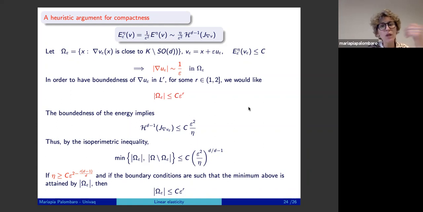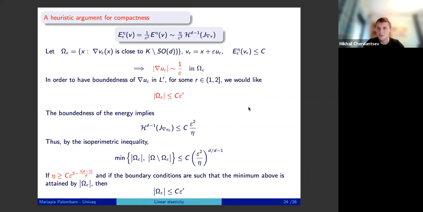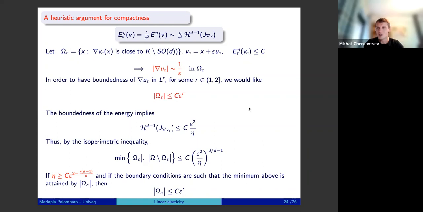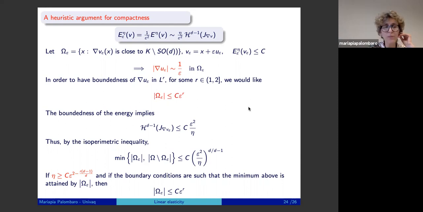Laminates are also covered by our analysis, and we provide examples of laminates where you can have gradients with positive determinant lying on wells. But essentially, introducing this penalization and choosing the right eta completely removes this possibility. The presence of this penalization prevents too many oscillations, too many jumps.